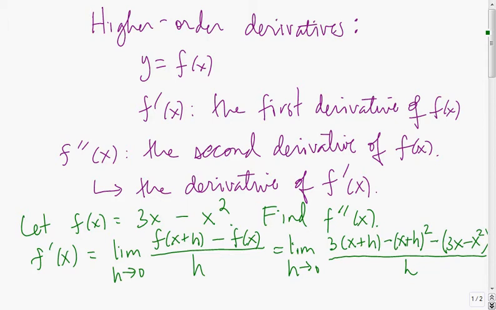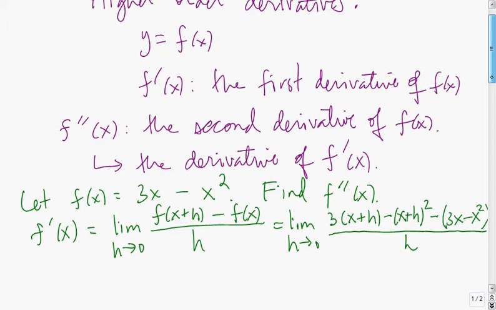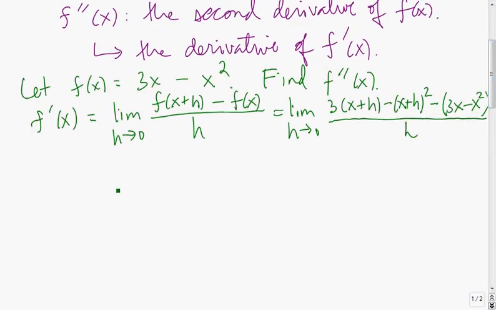Okay, so let's clean this up a bit. We have the limit as h goes to 0. I'm going to distribute the 3 and multiply out the x plus h squared. So we get 3x plus 3h minus a quantity x plus h squared, which is x squared plus 2xh plus h squared.